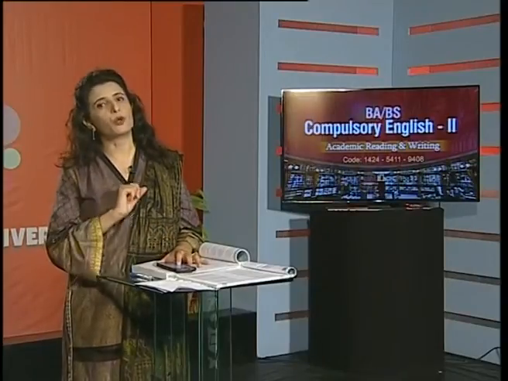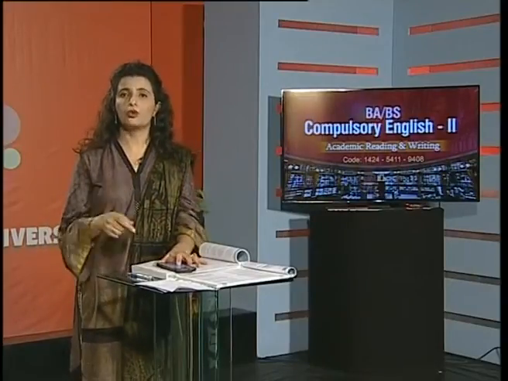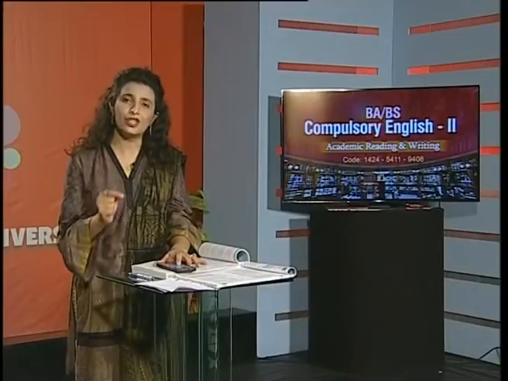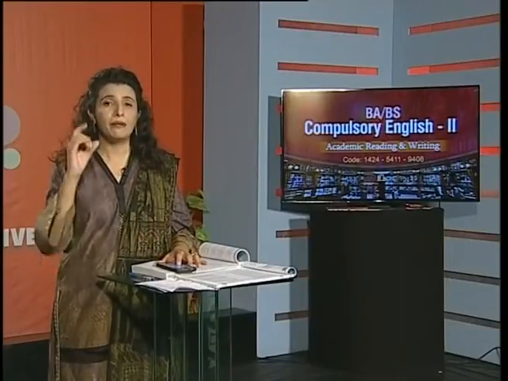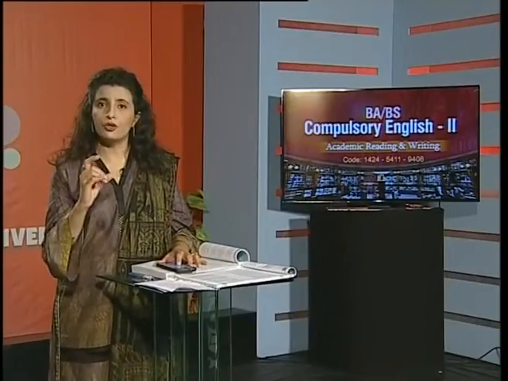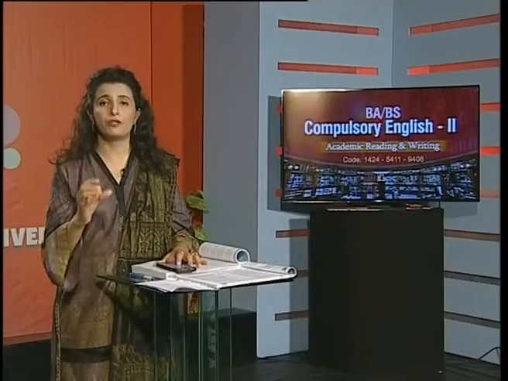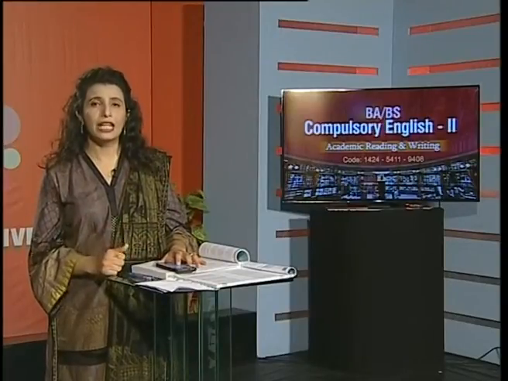Now, as promised, I'm going to give you a whole list of transitional expressions that will be helpful for you if you look at them, keep them in your mind and remember them. It would be good for you, and they'll be helpful for you to write comparison and contrast paragraphs. On the screen, you can have this list.